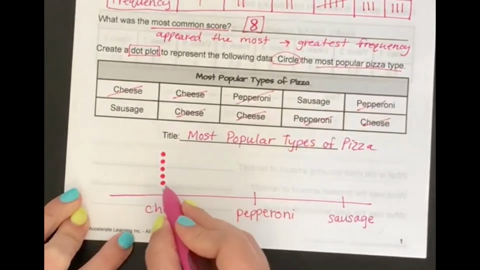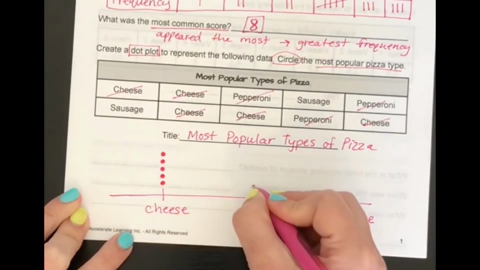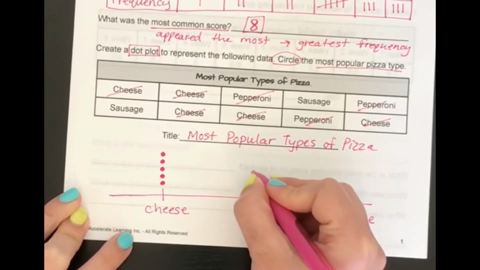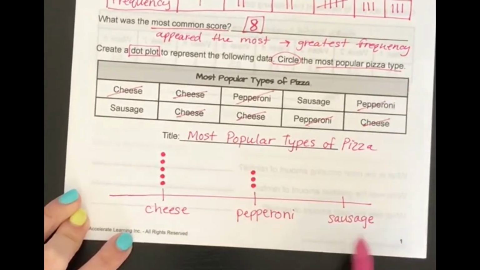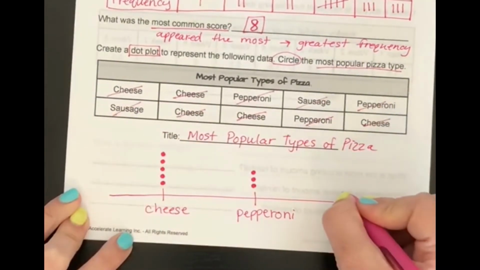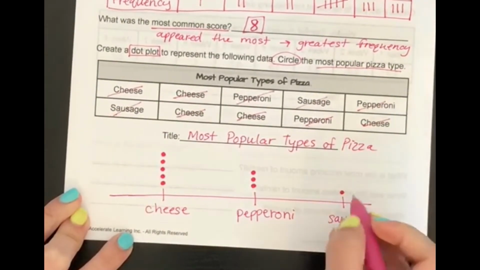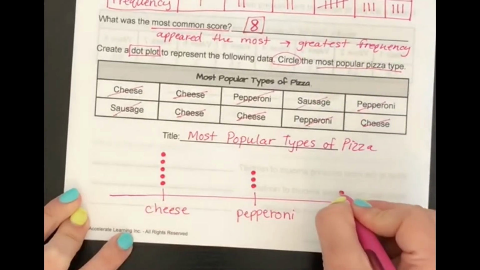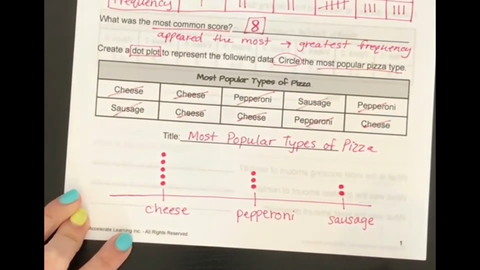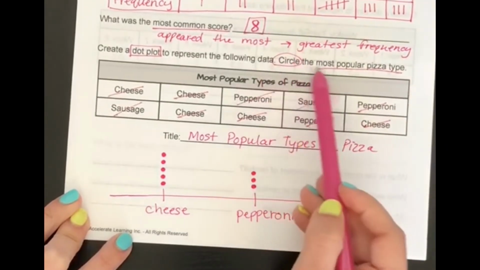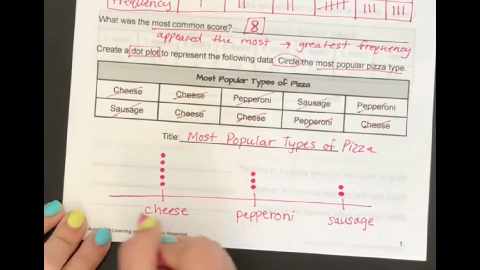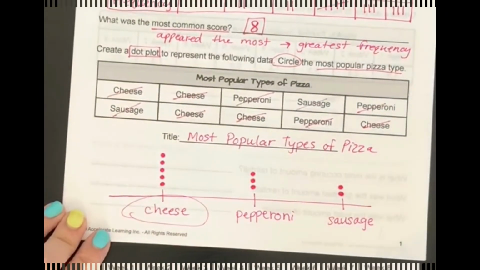So I'm going to have 3 dots, and I'm going to try and make them even with these. 1, 2, 3. Now I have sausage. 1, 2. Again, trying to make them even with these dots as best that I can. 1, 2. Now the question said circle the most popular pizza type. So I can see here cheese was the most popular. So I'm going to circle cheese.